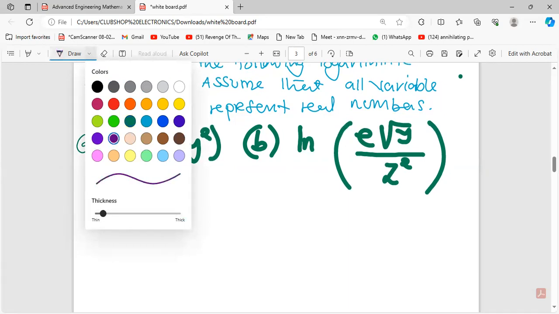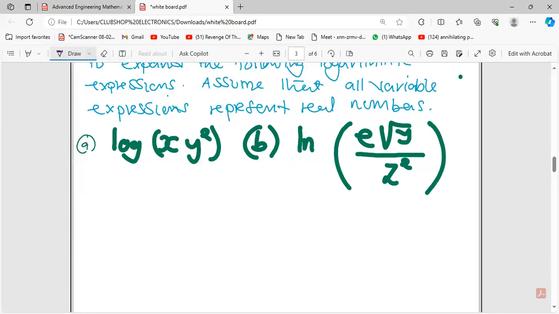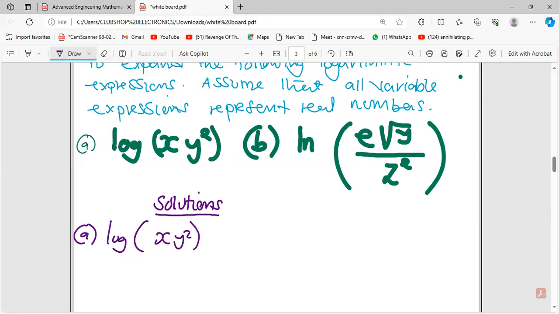So we write our solution. So we have log base 5 of xy squared.